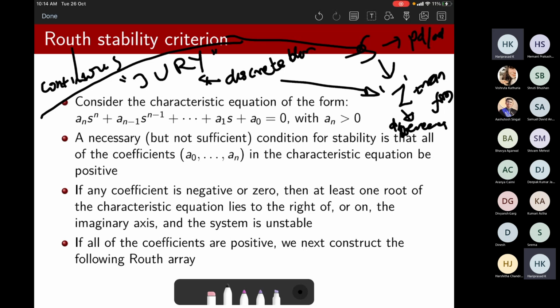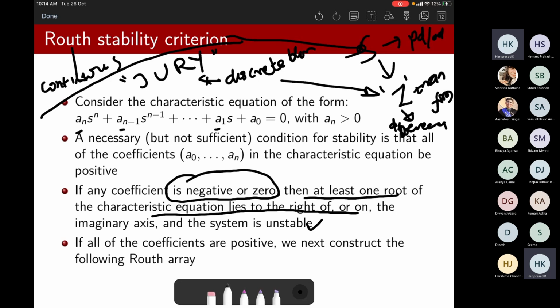So what Routh told us is the following. You have to look at the coefficients of this polynomial. If at least one root of the characteristic equation lies to the right or on the imaginary axis, the system is unstable. We know this. So he is saying if any coefficient is negative or zero, then at least one root of the characteristic equation lies on the right.